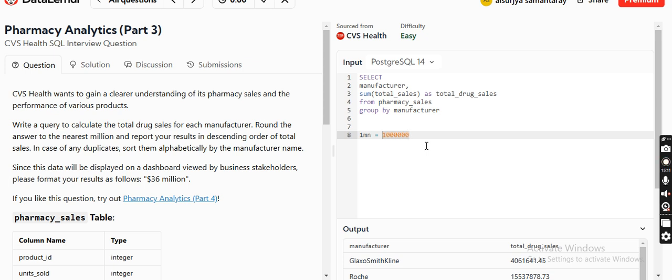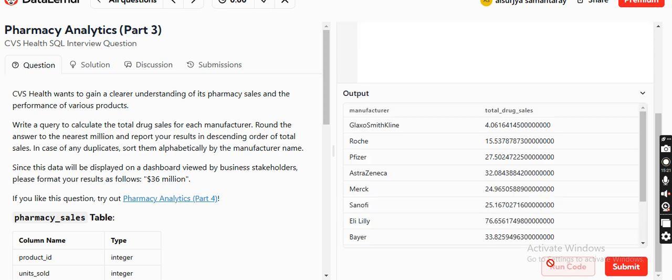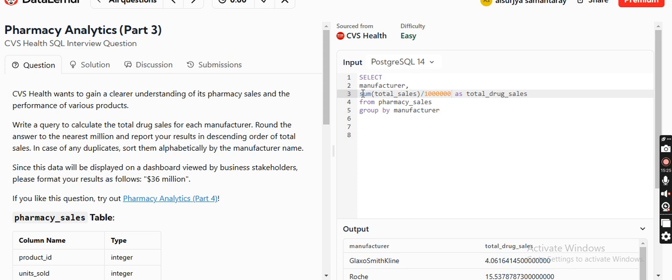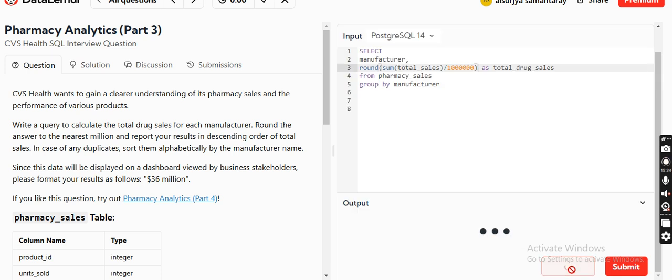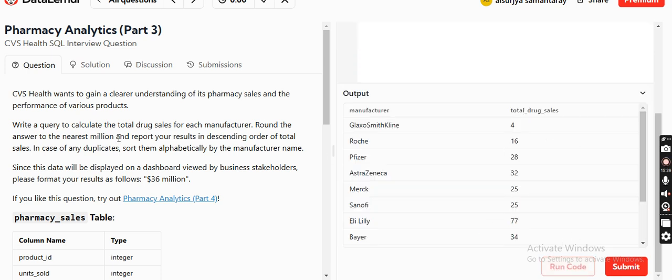So this is what 1 million is, guys. So we need to round up to the 1 million. So let me just show what will happen if I just divide it by this part. When I divide it by this part, it comes this way. Now I will just round it up. So round to the nearest part. Done.